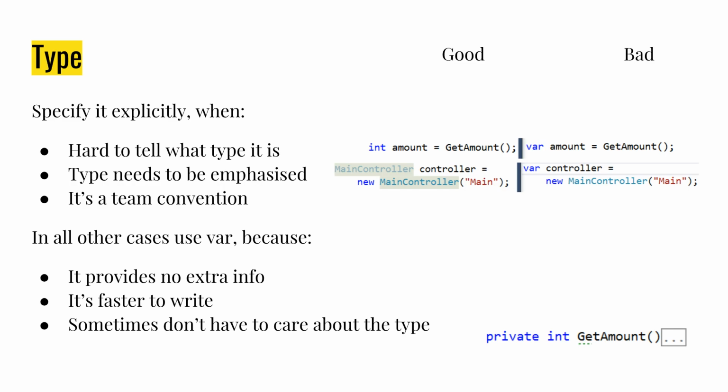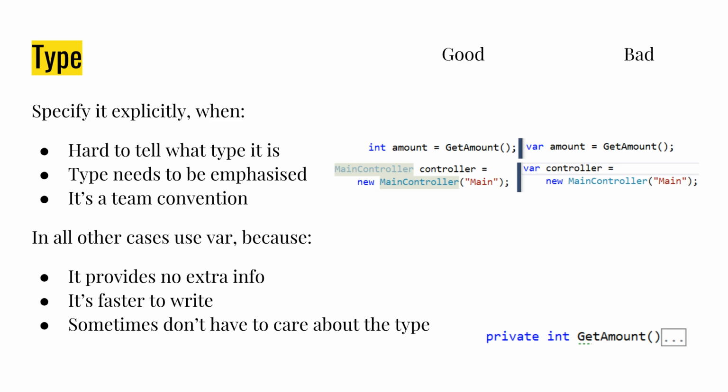Sometimes we don't care either, but when we do and when it's not clear and when it's important, for example, when you divide amount by an integer, the type will decide how the division will work, what the result will be. So when the type matters like that, you should specify it explicitly.